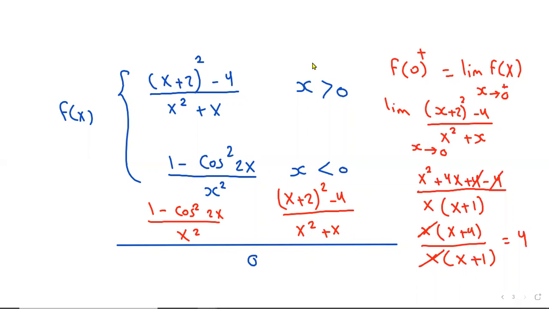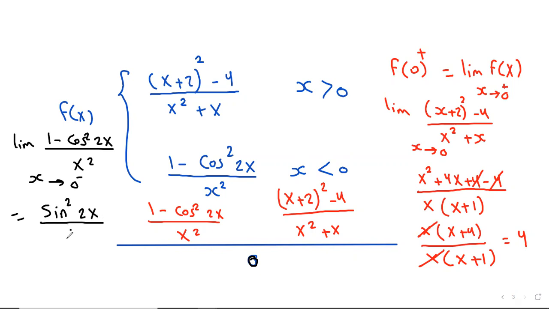And you will find the limit of the function from the left. It's going to be the limit of 1 minus cosine squared 2x over x squared when x approaches 0 from the left. So 1 minus cosine squared 2x is sine squared 2x over x squared.